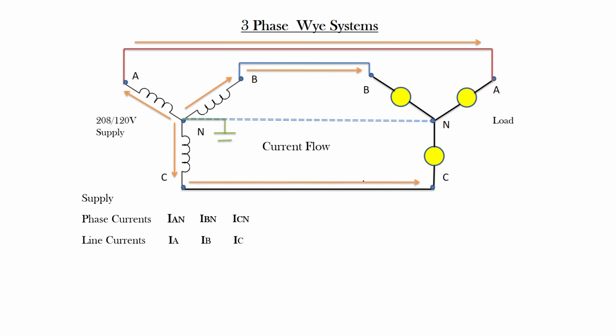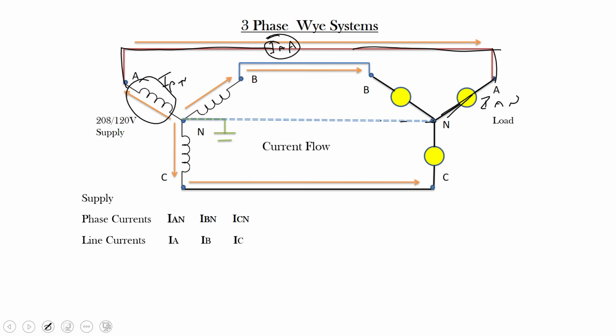So whatever is in the phase in the generator right here, that'd be IAN, is the same value that's going to flow out on this conductor if we put an ammeter right there. Our ammeters are connected up in series. This would be line current IA, and then we call this phase current IAN right here through the phase and balance out at that star point.